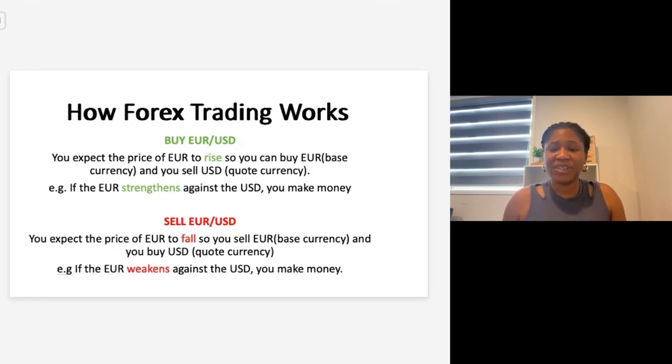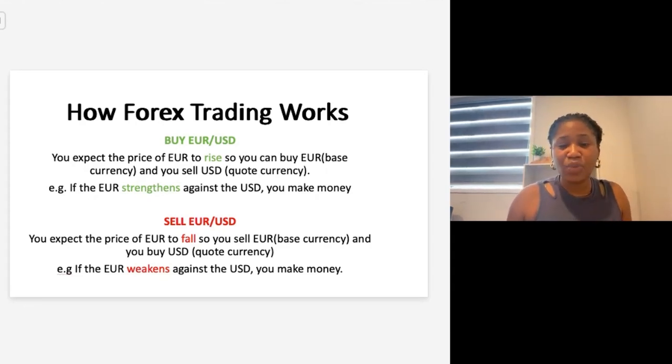If you have predicted that the euro is going to strengthen against USD and you place a buy, and it goes that exact way, you're going to make money. And the same thing with a sell: if you expect the price of euro to fall, you sell the base currency and you buy USD, which is the quote currency, then you make money.